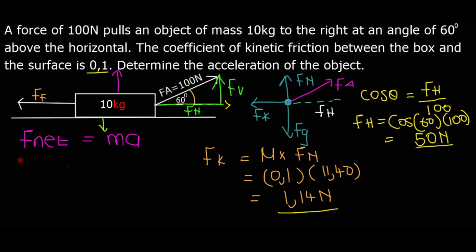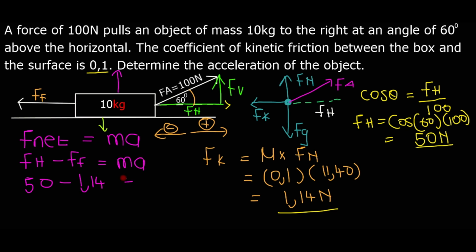Because horizontally we are going in this direction, it is positive, and because friction is in the opposite direction, it is negative. So F horizontal minus friction equals MA, and F horizontal we found to be 50 newtons. So 50 minus 1.14 equals the mass, which is 10, times acceleration, which we need.